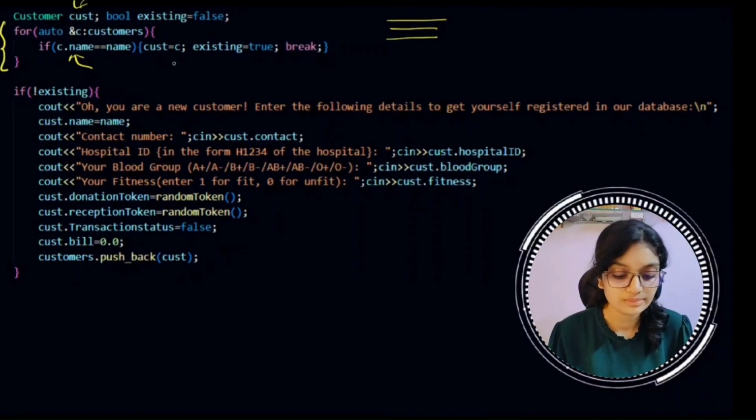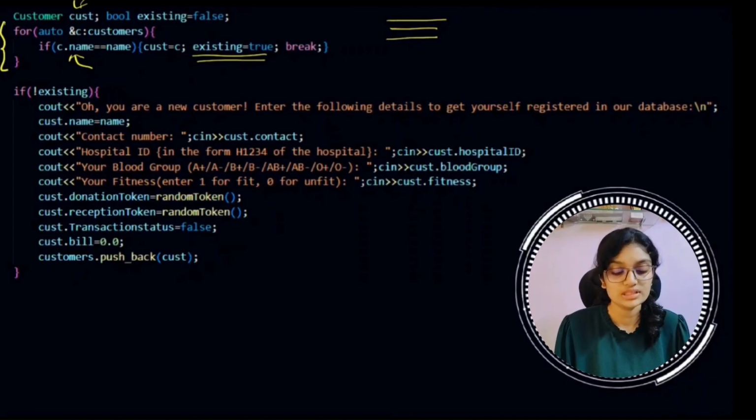So if the name matches, then we set the variable existing to true, which means we have found the customer, and then all the details, all the records of the customer will be loaded into this object cust, and then we break the loop.